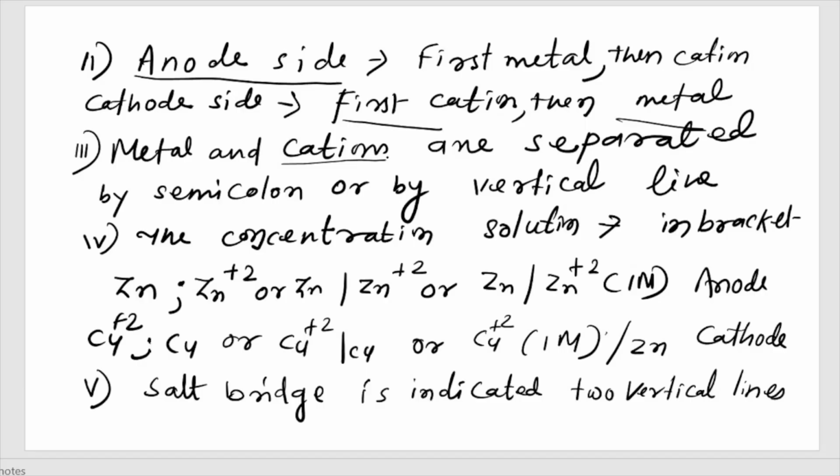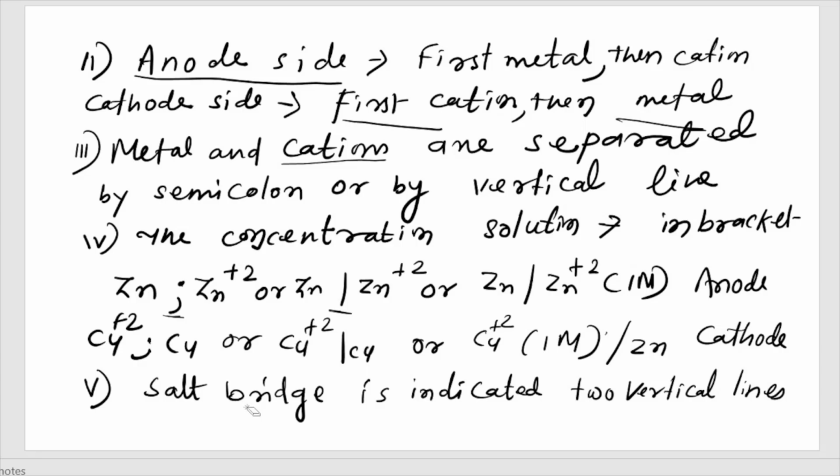Let us see, you want to represent Zn plus 2. How? By a semicolon, or you can represent it by a vertical line. You are not yet representing the concentration, and that should be in brackets. The last one is the concentration sign.